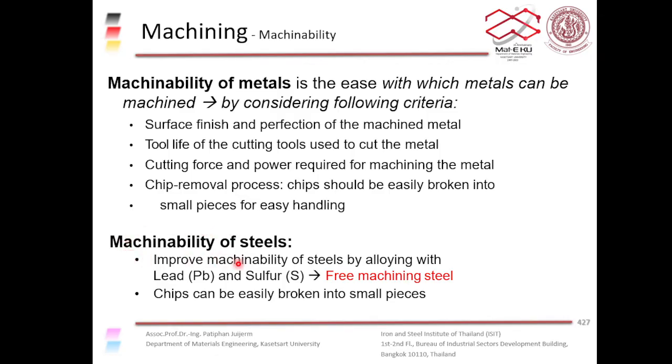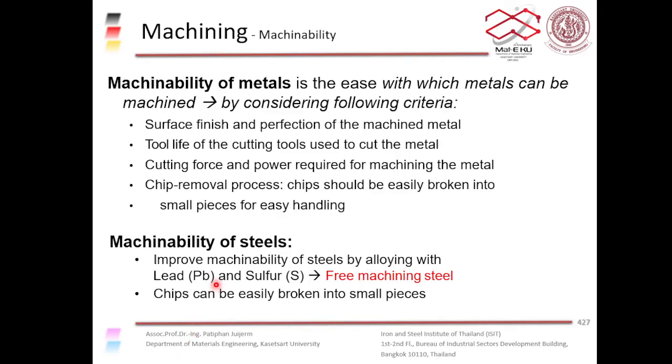Okay. For steel, the machinability of steel can be improved by alloying steel with lead and sulfur. If you add enough lead and sulfur, the steel becomes a grade called free machining steel.